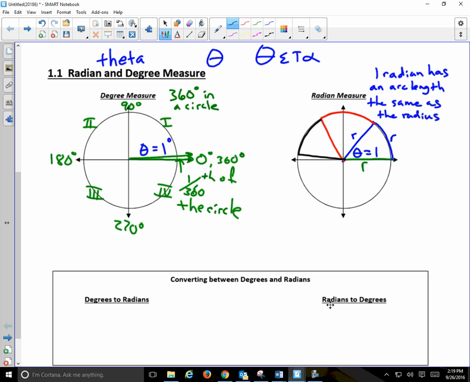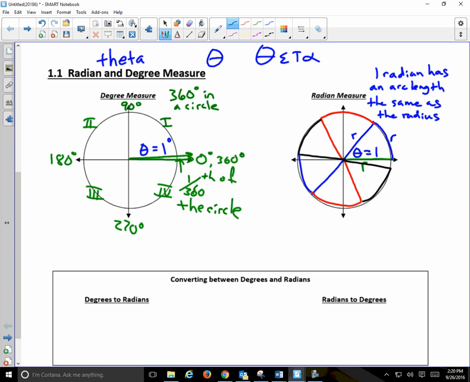And that'll be a third radian. It just stops short of 180. That's a fourth radian. That's a fifth radian. And that's a sixth radian. Leaves a little bit of a sliver left over.